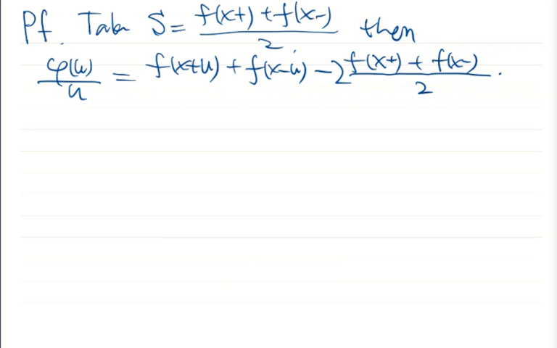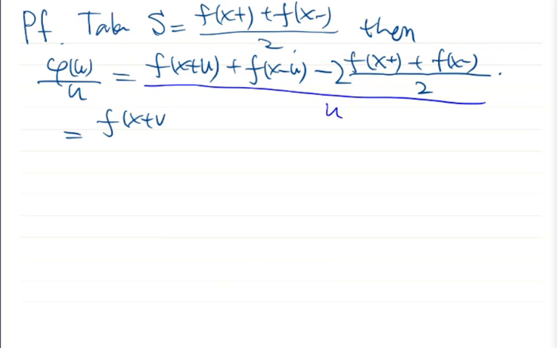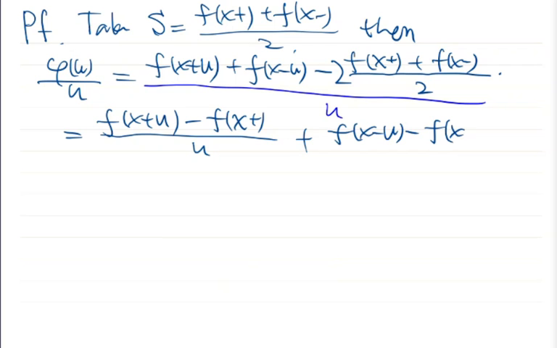That is the definition of phi, and then over u. This is just f(x plus u) minus f(x plus) over u plus f(x minus u) minus f(x minus) over u.